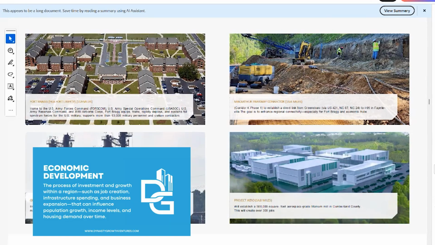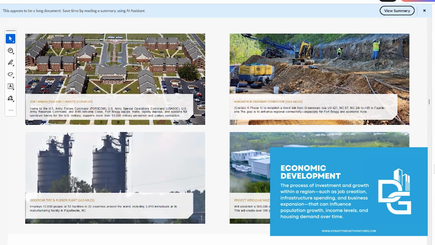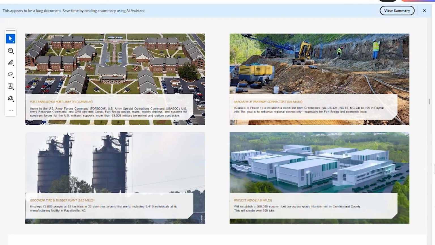We also see some economic development. It's good to have growth in the pipeline. We want to see development in the pipeline. That's really how we can understand an opportunity before the competition. If everything's already beautiful and built, everybody's going to want to invest there. But if we can get in at times where they're still developing some of the parkways, bridges, highways, and new companies coming in, that would put us ahead of the curve.